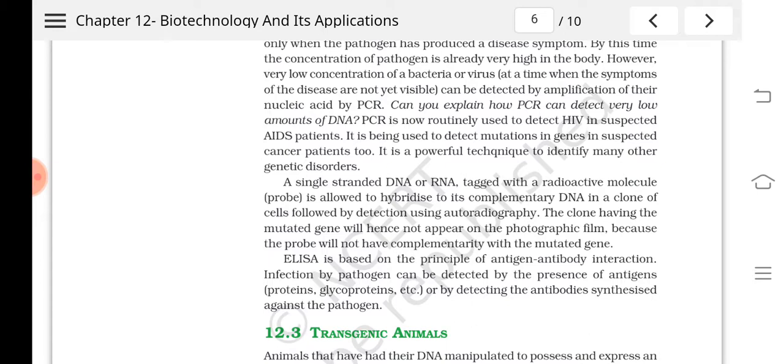If any small trace of antigen enters our body, it produces what? Antibody. And that will be highly specific. That specific antibody will be produced against that particular antigen or pathogen only. So if that particular antibody is detected in the body, that confirms that the body is infected by that particular pathogen, or the presence of the pathogen can be confirmed by the ELISA test.